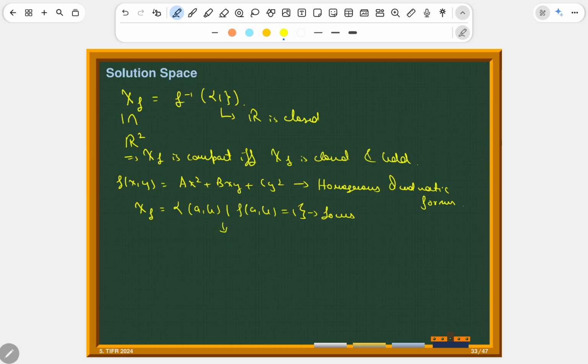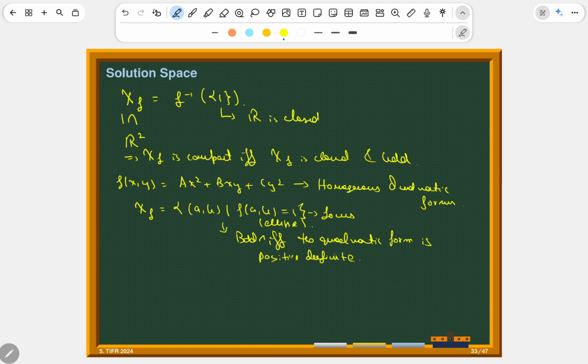Now this conic is bounded if and only if the given quadratic form has to be positive definite, and when it's bounded, it forms an ellipse.